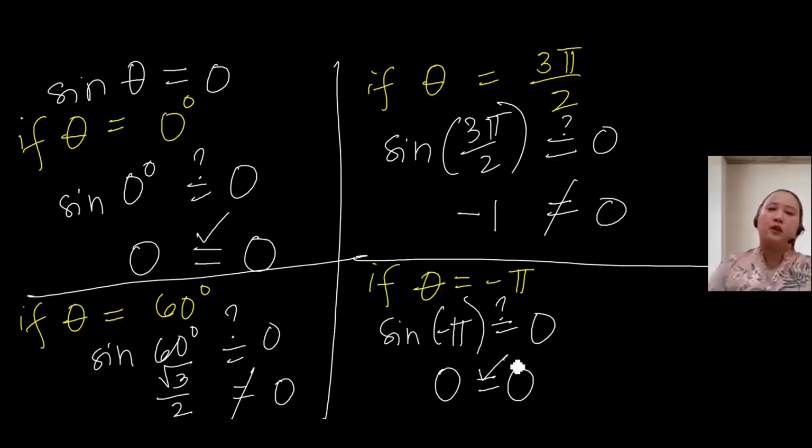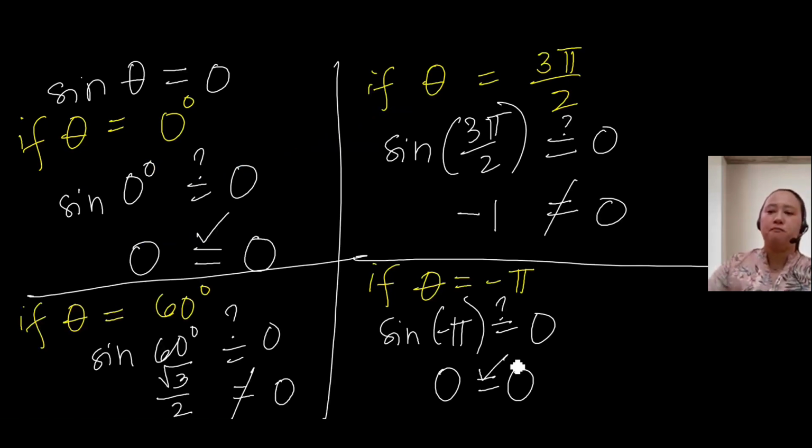As you can see in our examples, there are values just like 0 degrees and -pi in which the equation is true. And then there are also values in which the given does not have equal sides. The left side and the right side are not the same.